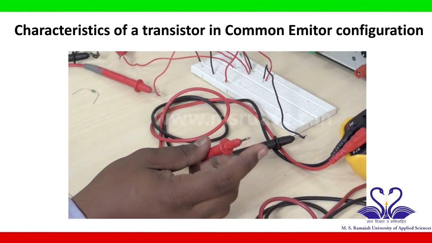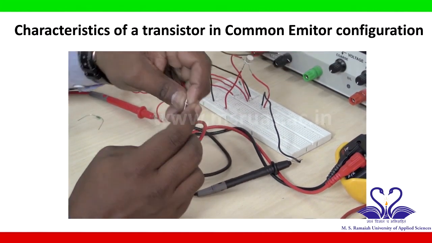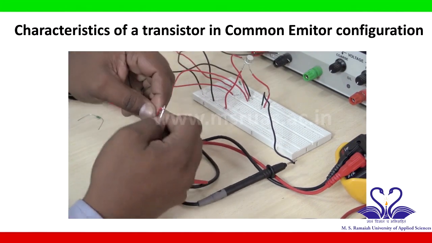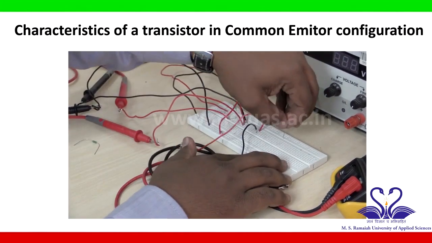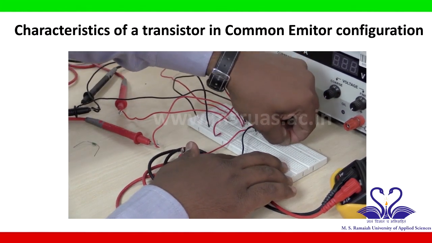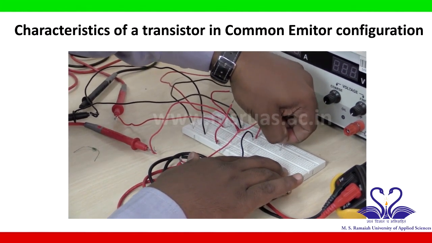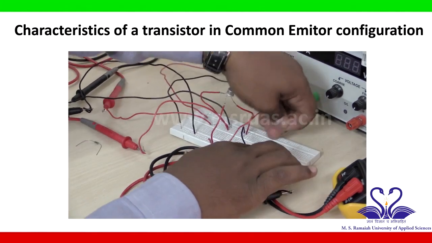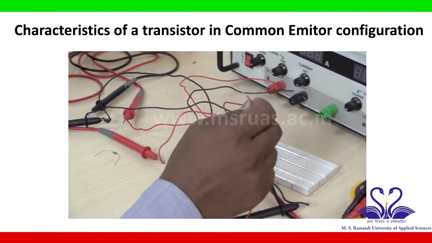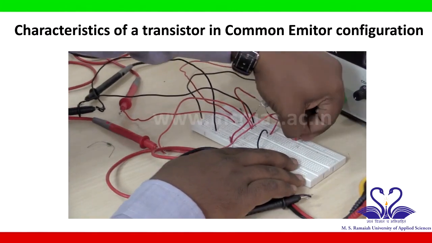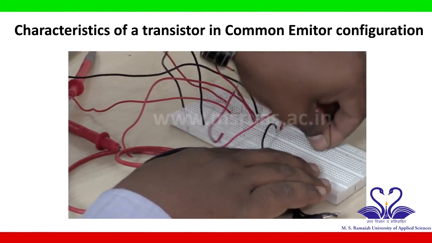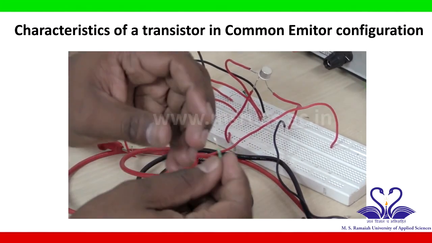So take one connecting wire, which is connected to the resistor. So connect somewhere in the breadboard. This is connected to the 1K resistor.